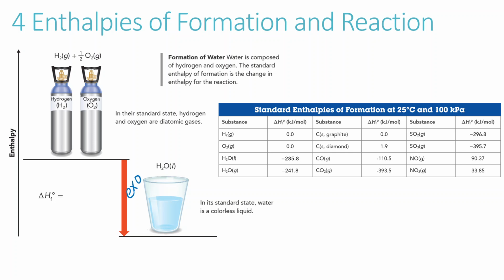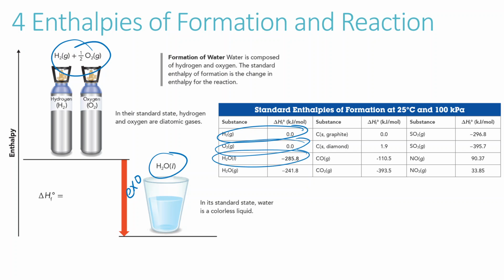We can tell that because the enthalpy of my reactants is higher than the enthalpy of my products. So the way we're going to do this, we're going to look at the standard enthalpies of formation for our reactants, which are H2 and O2, and my product is H2O liquid.